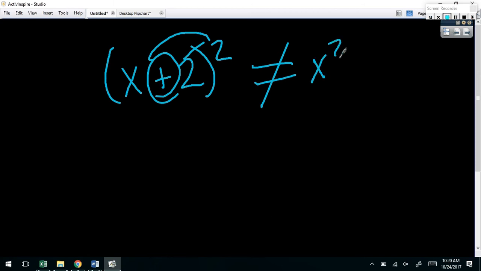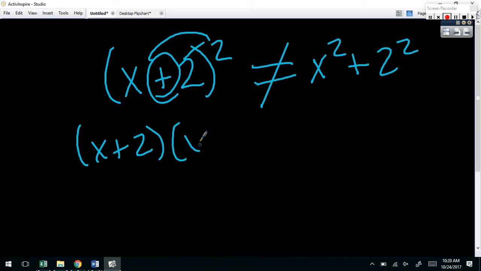We talked about this. When you see an exponent on a binomial like that, two pieces being added together, that tells me you have to do the parentheses first, and this is where we have to multiply it out and distribute.